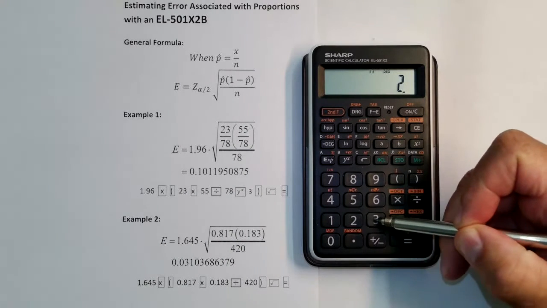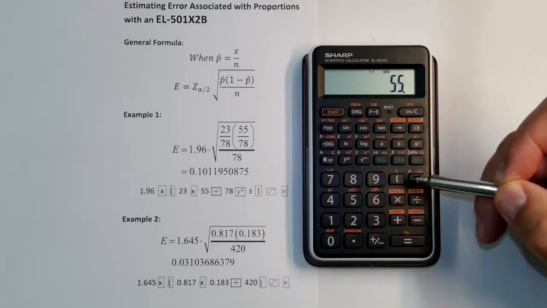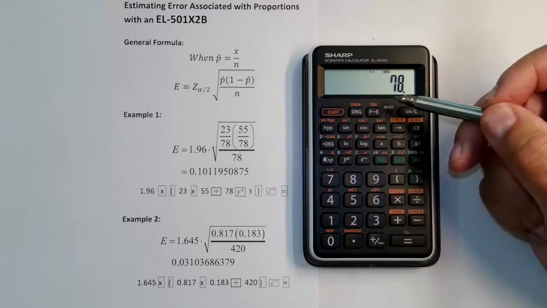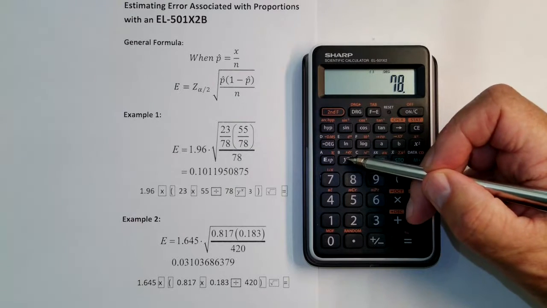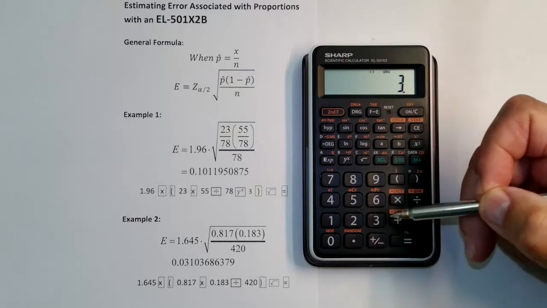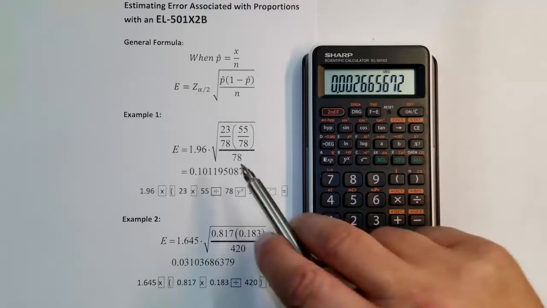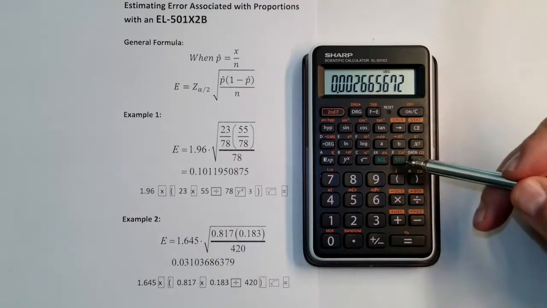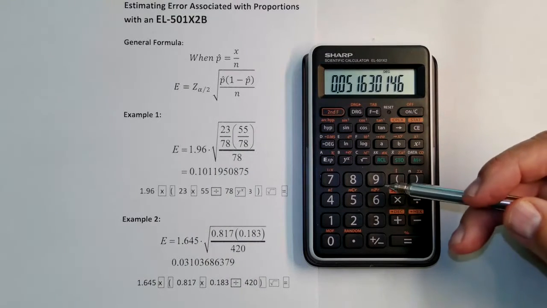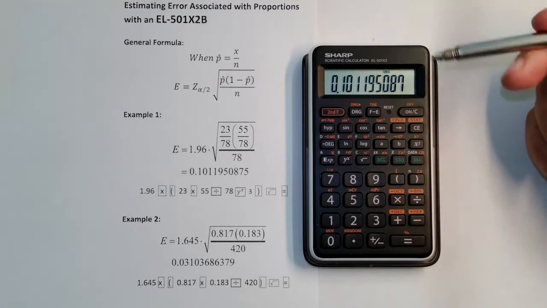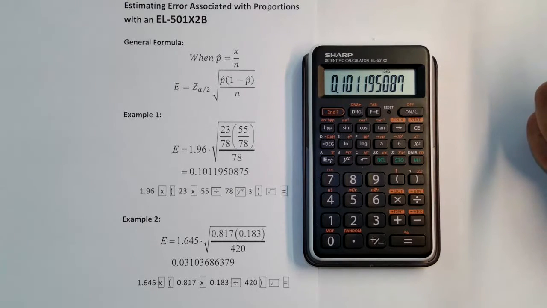So it'd be 23 times 55 divided by 78. Now to the third power, you hit the Y to the X button, and then number 3. Close that parentheses. So this is what all this stuff is equal to. You hit the square root of it, and then equals at the end. 0.101195, et cetera, et cetera.